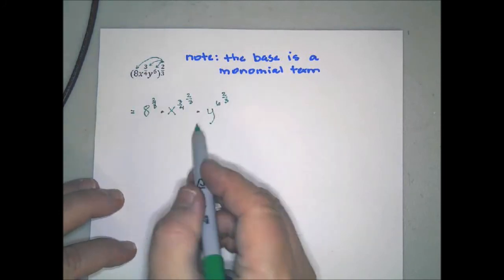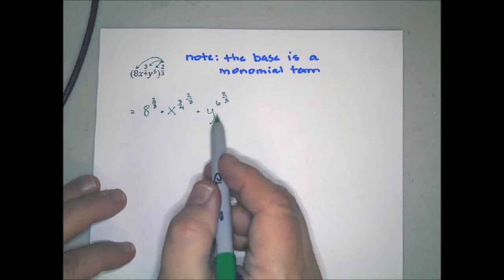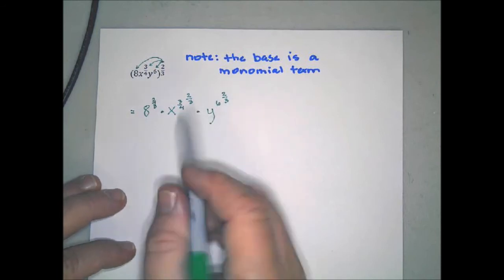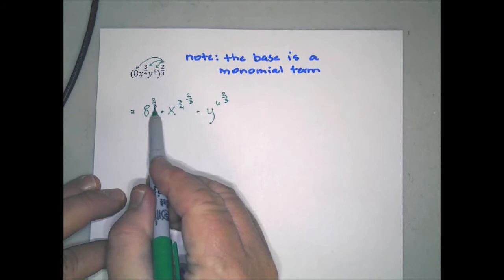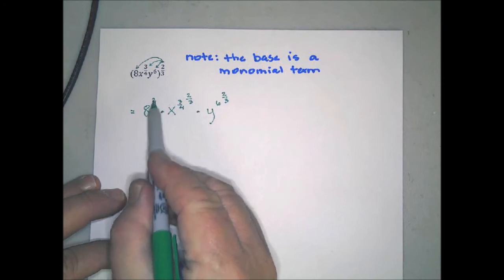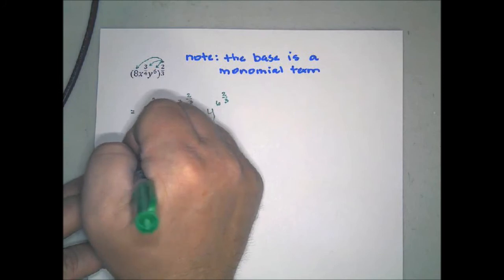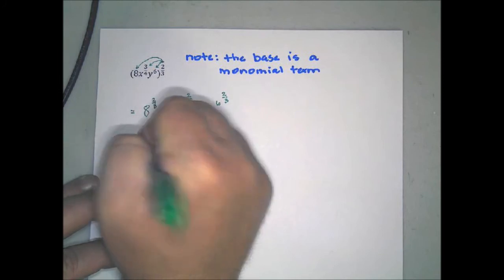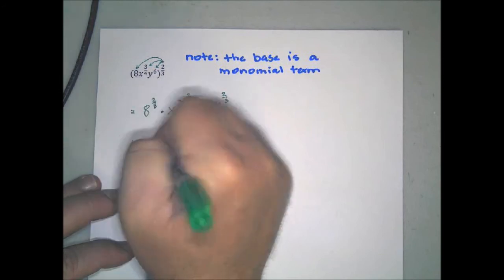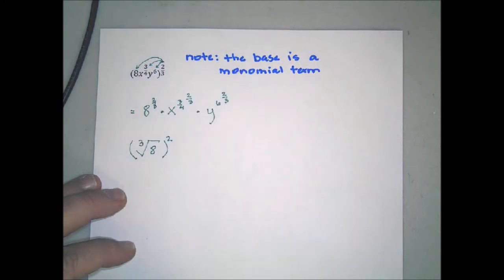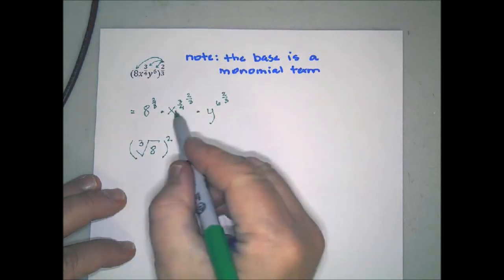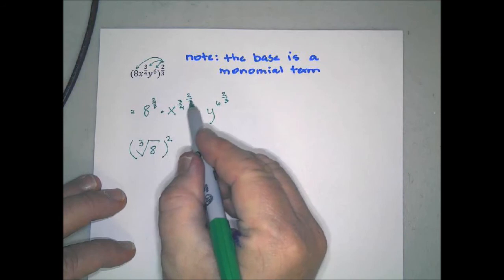Now I'm going to start simplifying using some of the old rules and some of the new rules. Like this one right here, this is the new rule. 8 to the 2/3 power is the same thing as the cube root of 8 squared. And this one, when you raise a power to a power, you multiply.